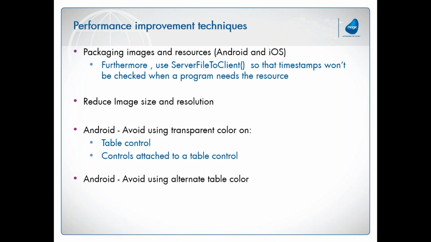So you can use transparency, it works fine, but if you remove it, you will gain the benefit of Android caching on table cells, which is much smoother than without it. And also for alternate table color, again, the same concept. Once you use it, then the internal caching is actually not used because it cannot reuse the cell design, and the flow will be less smooth.